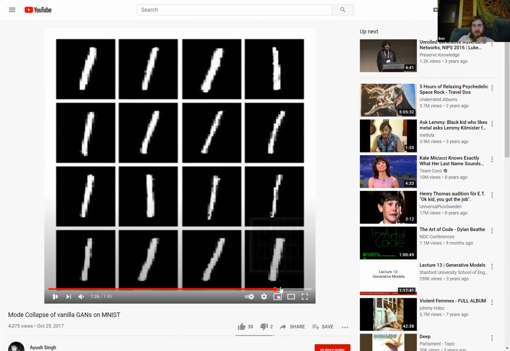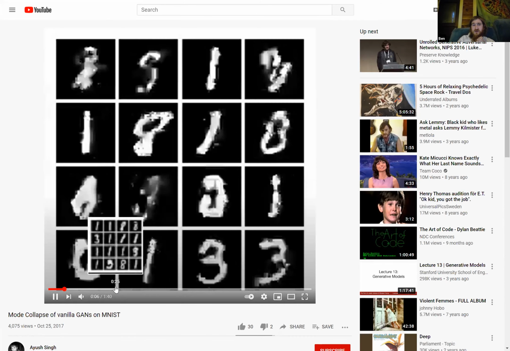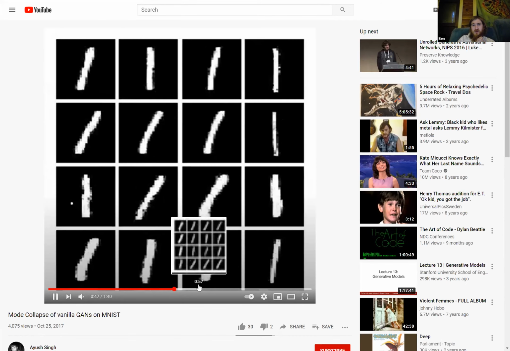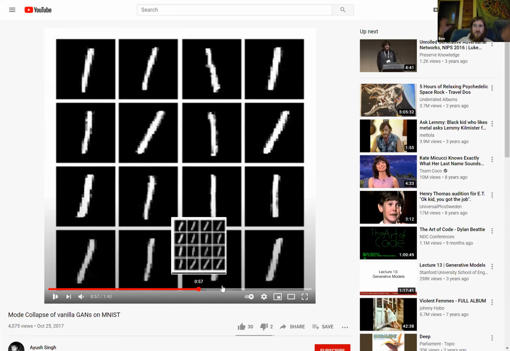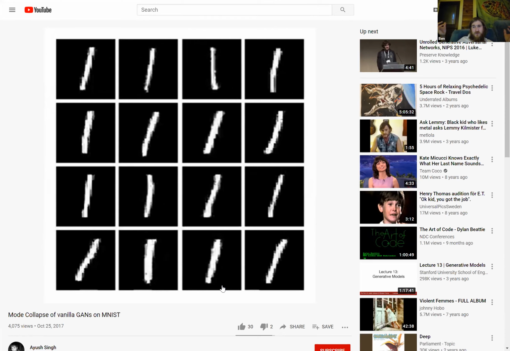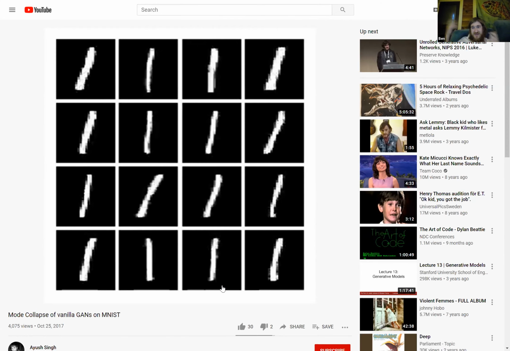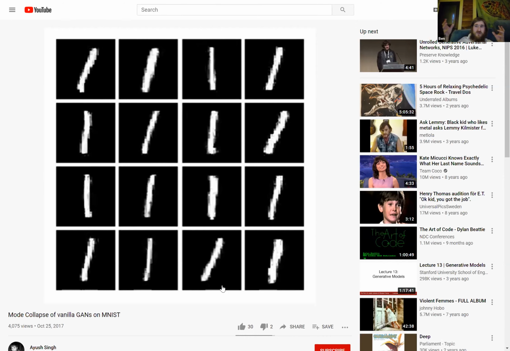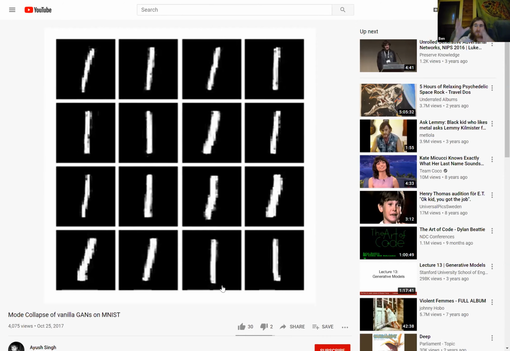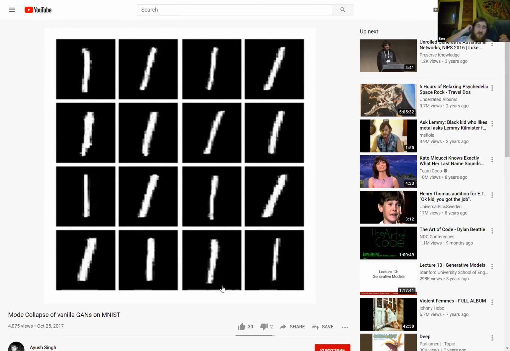As I train the network, it starts to actually lose variety. And it's just starting to produce here a bunch of different versions of the number 1. I gave it 10 different digits to produce, and it only produced one of them. It's kind of focusing in on this one little area and not doing everything.